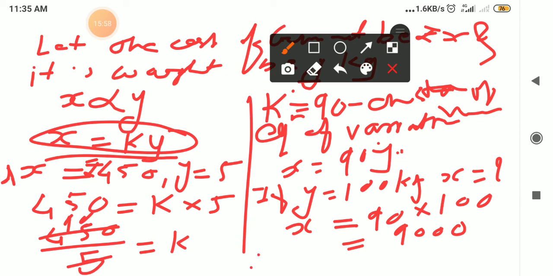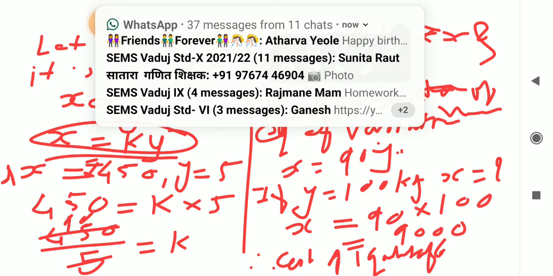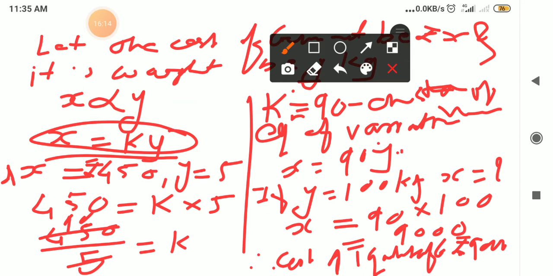So the cost of 1 quintal of groundnut is 9000 rupees. In this way we have to solve the examples.